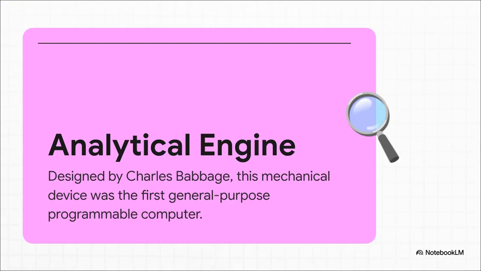So, back in the 1830s, a man named Charles Babbage designed this thing, the analytical engine. Now, it was never actually finished in his lifetime, but the design itself was just revolutionary. See, it wasn't a simple calculator built for just one job. It was designed to be programmed to do any job.